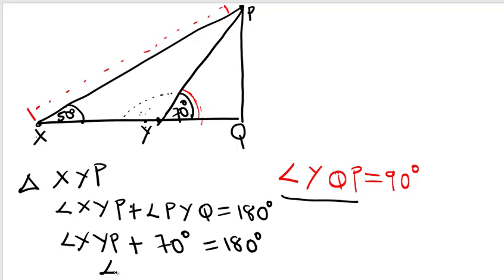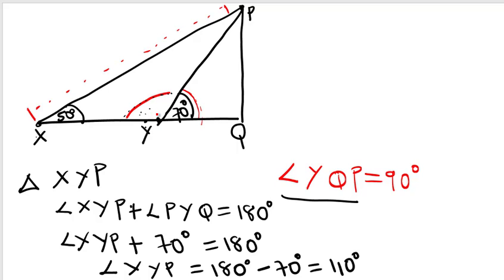Therefore, our angle XYP is going to be 180 minus 70 degrees, and this is going to give us 110 degrees. Therefore, it means that the angle here is going to be 110 degrees.